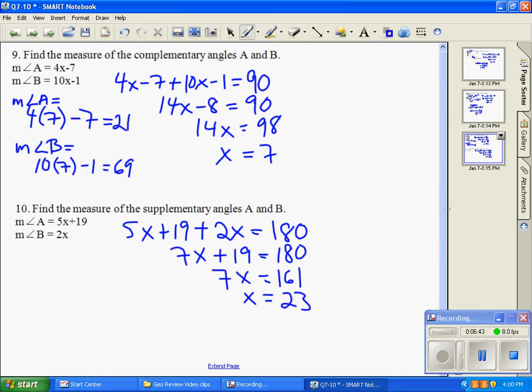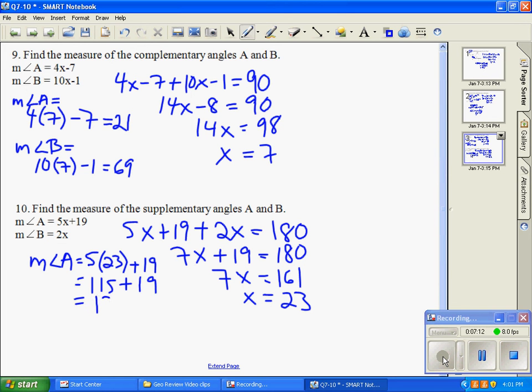So the last thing to do is to plug in the x so we can find the two angles. So measure of angle A equals 5 times 23 plus 19. So 5 times 23 is 115 plus 19.